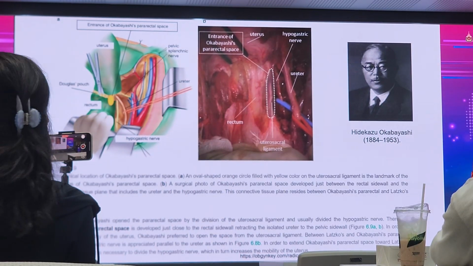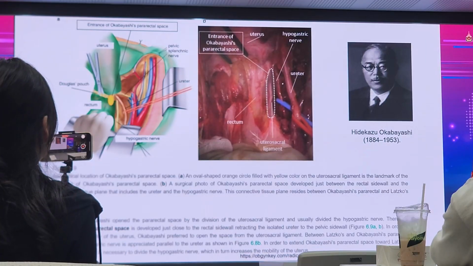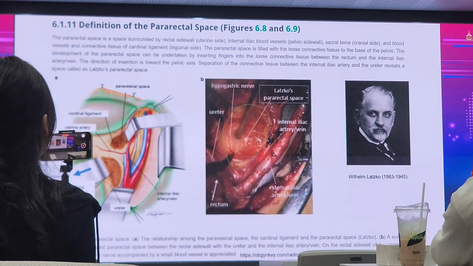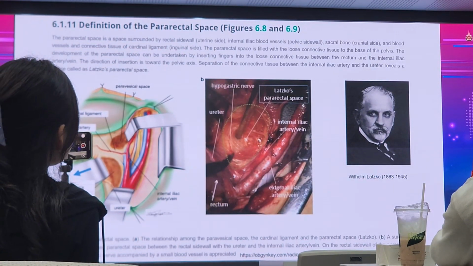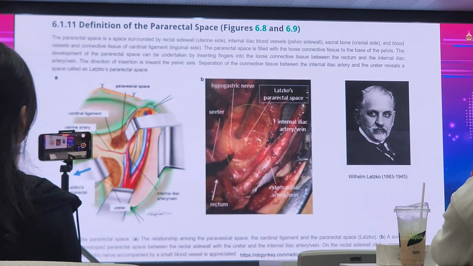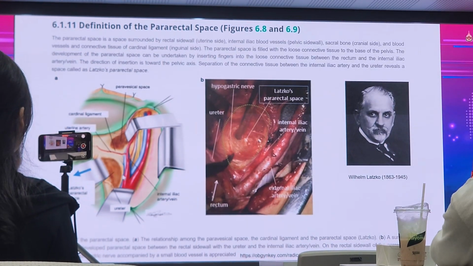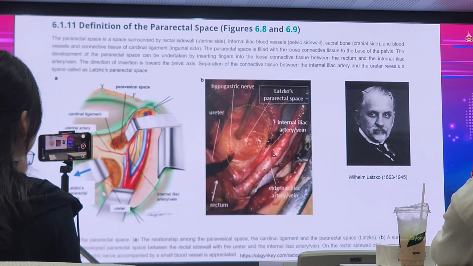And this is for Okabayashi. Remember the last one, this is the Latzko. The Latzko borders are here. The difference between the Latzko and the Okabayashi is that you identify the ureter and the hypogastric nerve, and then try to push them laterally.